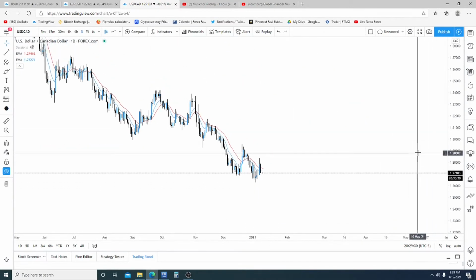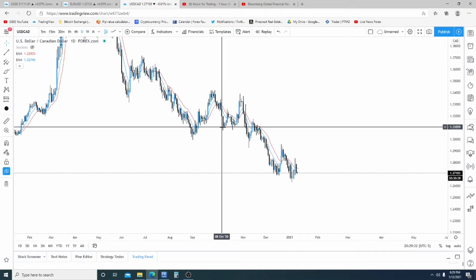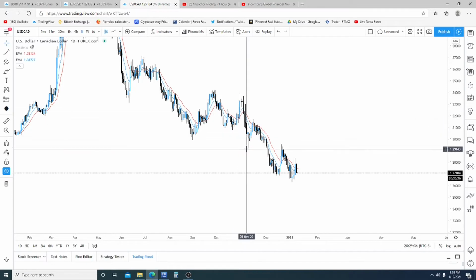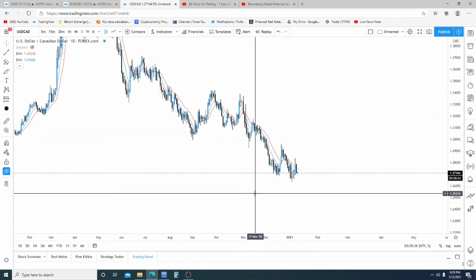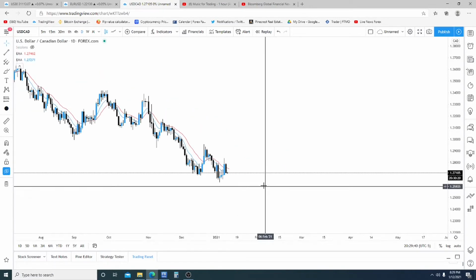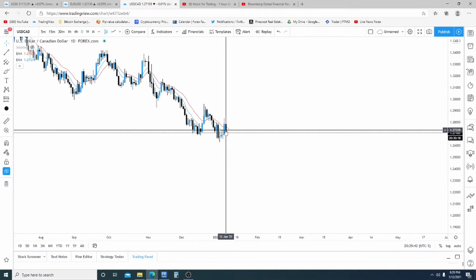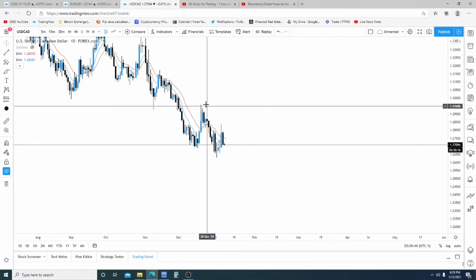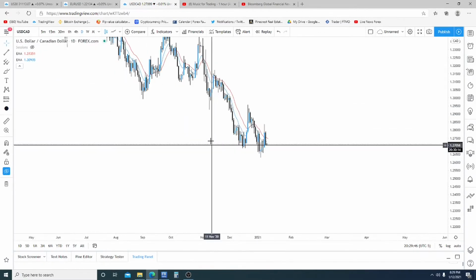The market was creating lower highs and lower lows, so it was indicating that we were in a downtrend. Once I put my trade around here, you can see that price did create another lower low.